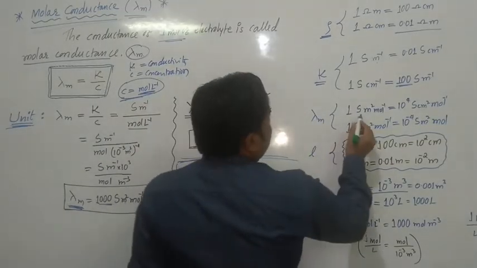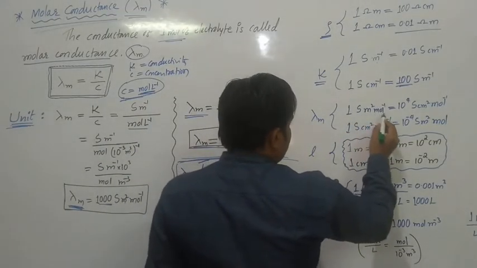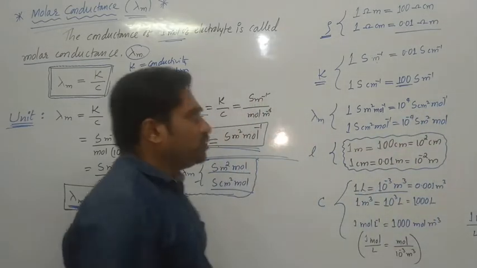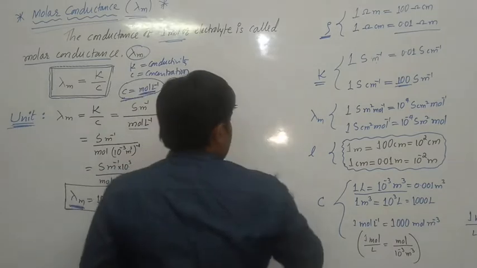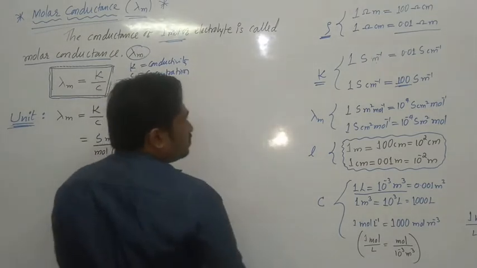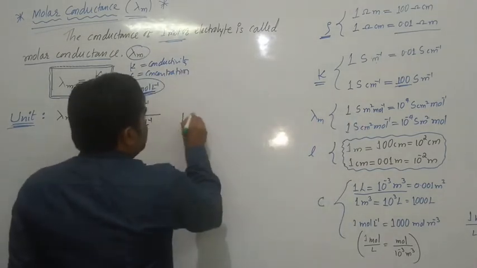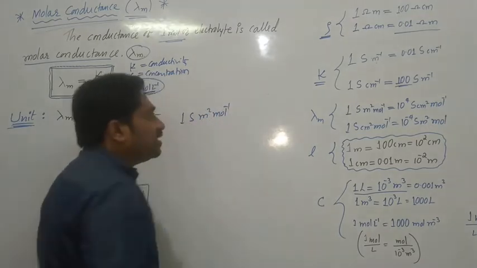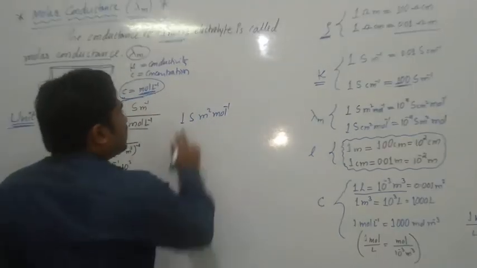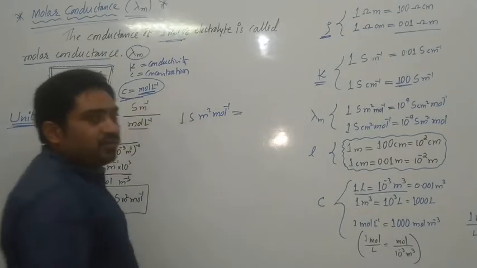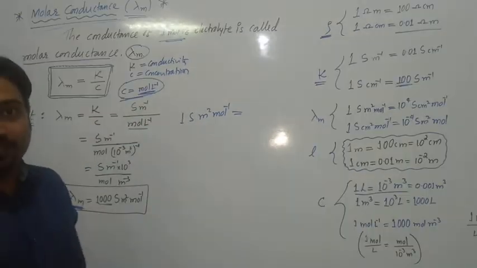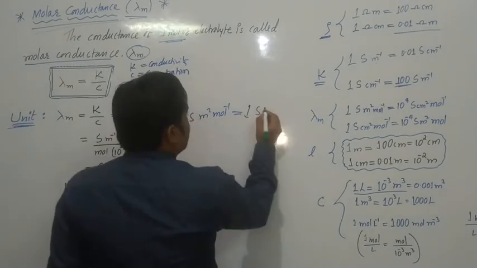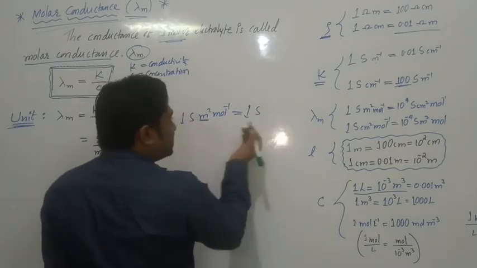So here 1 Siemens meter square per mole is equal to 10 to the power 4 Siemens centimeter square per mole. So let us see how it is converted. 1 Siemens meter square per mole. 1 meter is equal to how much centimeter? 1 meter is equal to 100 centimeters. So 1 Siemens, in the place of meter I will write centimeter.